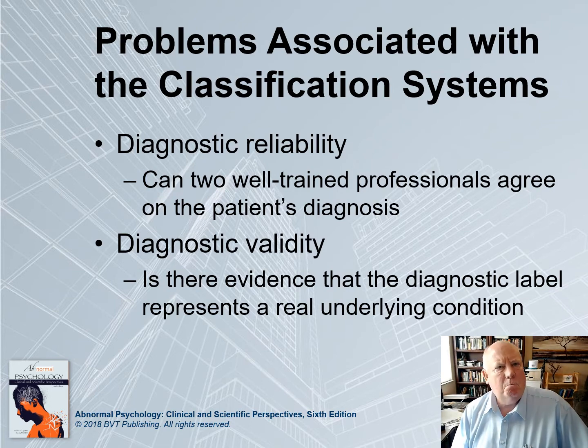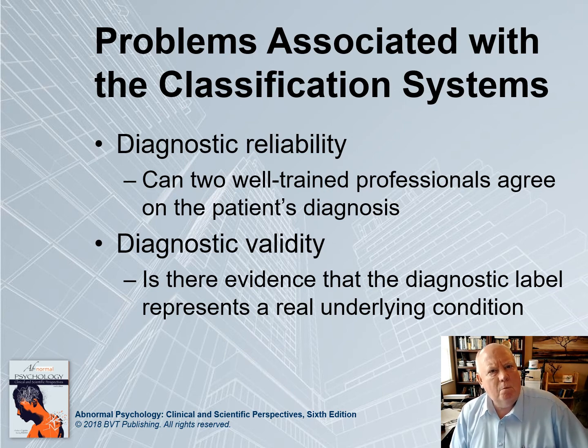Remember, validity means accuracy. Does the size of my neck indicate that I'm smart or not smart? Well, I've never done the study, and I have no intention of doing the study because I'm pretty sure the answer is no. So it's not worth my effort. So you can have a reliable measure that's not valid.